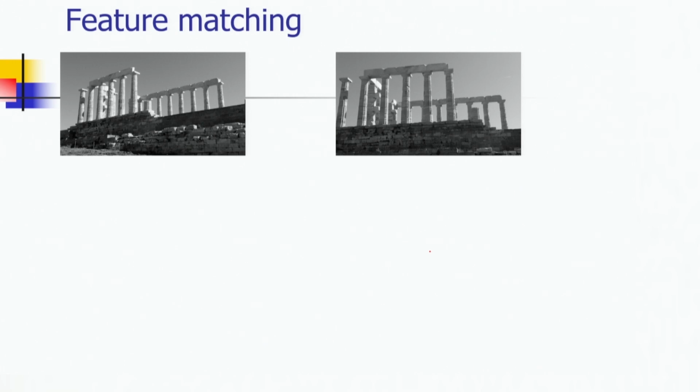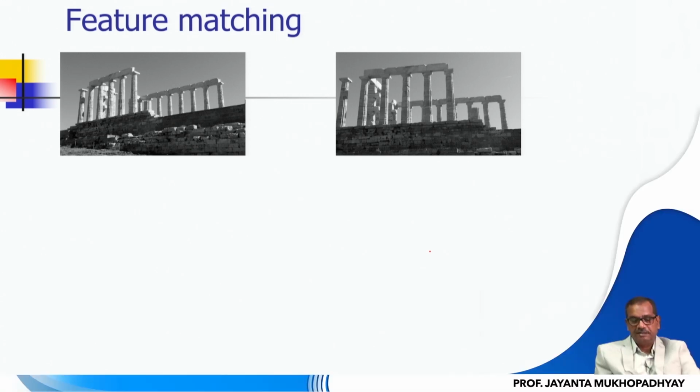This is how the key points are computed, but once we want to establish the correspondence between the key points of two images, there could be multiple candidates, as I mentioned. The task is how to build up these correspondences of the key points.